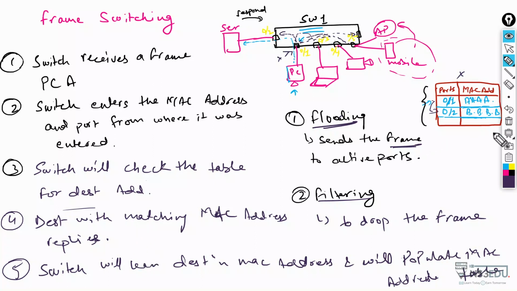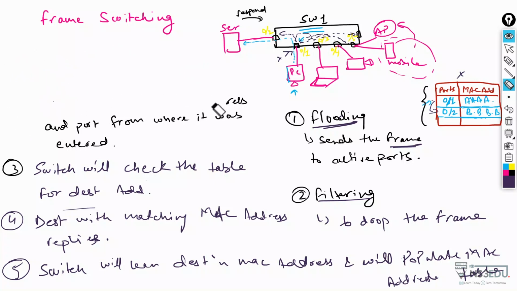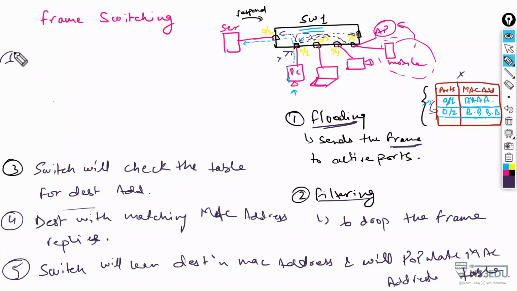Now there are some more, so I will write it up here. I hope you have written them. Now the last 2 points are, after learning the destination's MAC address, the switch will forward the frame.